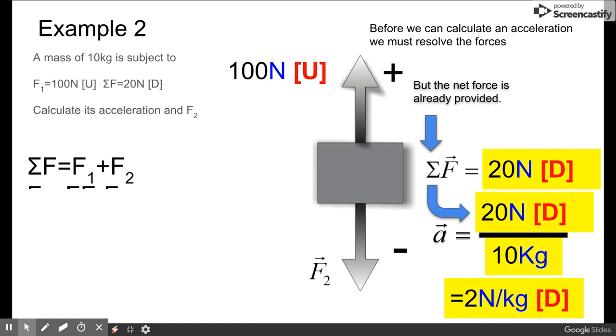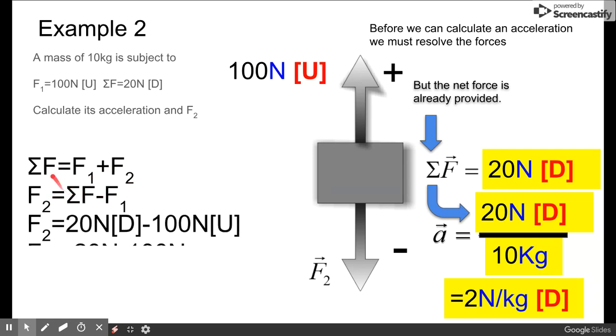Now, 20 newtons down is the addition of plus 100 plus another number. What can you take to 100 and add to it to get an answer of negative 20? Well, written out long form, it looks like this.